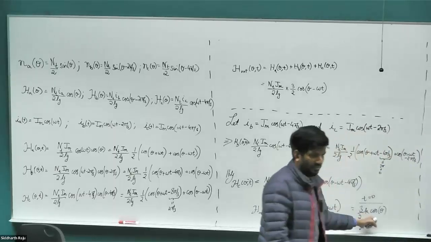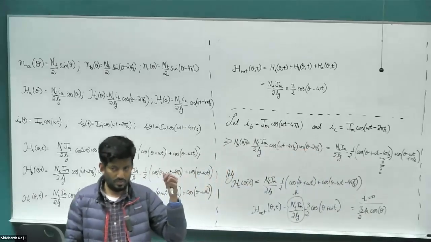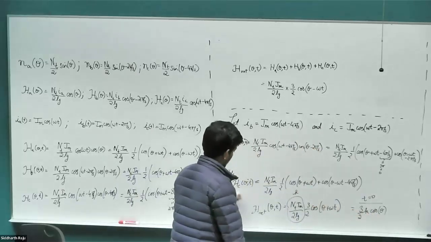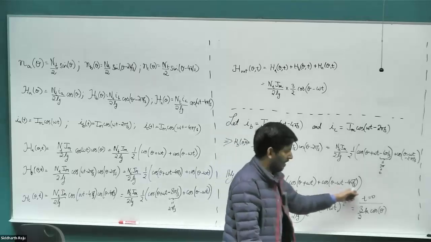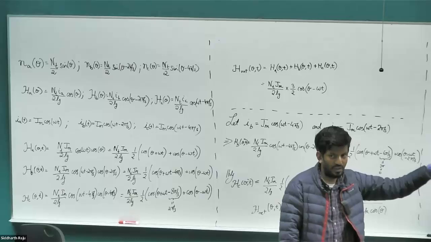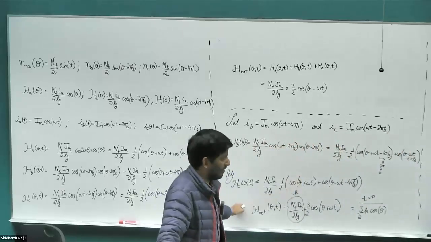And where will this be maximum? At which angle would that vector be at its maximum? 0 degree. At 0 degree is when the H field would have been at its maximum in the air gap at time t equal to 0. And if you look at the expression that I got, 3 by 2 times k e j angle 0, exactly pointing to the angle where the H field is at its maximum.